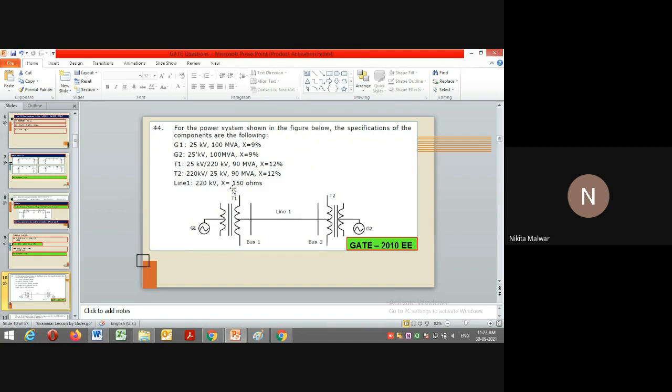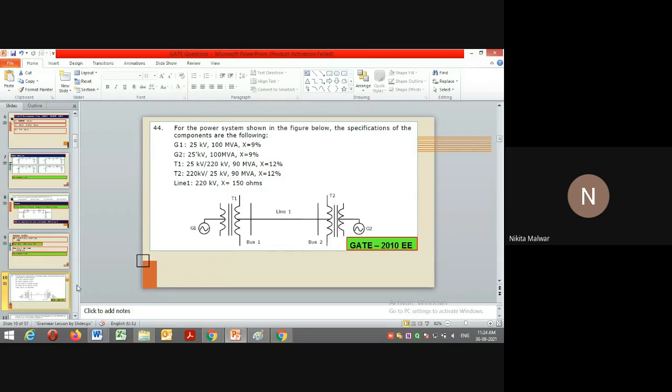From transformer 1, we cut out this section, and from transformer 2, we also cut out this section. By finding the new kV base values for each section, we are finding 3 sections. From generator 1 to T1 will be your first section, from T1 to T2 will be your second section, and from T2 to generator 2 will be your third section.